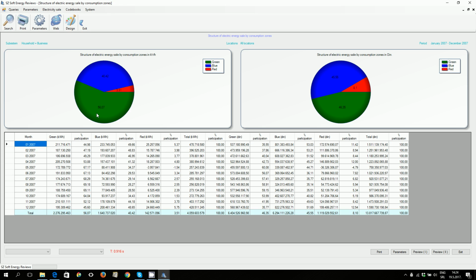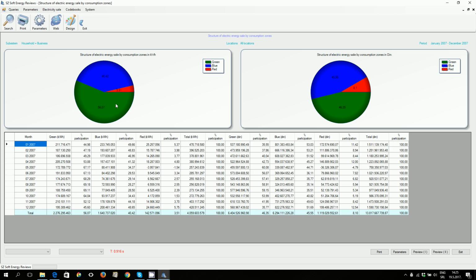The next one, from 350 to 1600 kilowatt hours, is the blue tariff. And the last one, which is over 1600 kilowatt hours, is the red tariff.